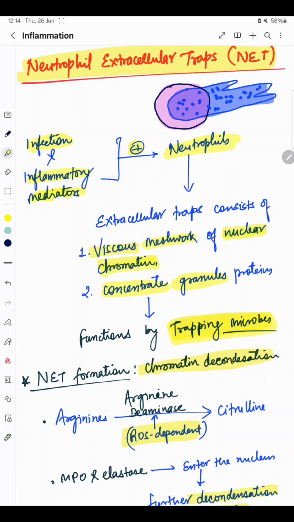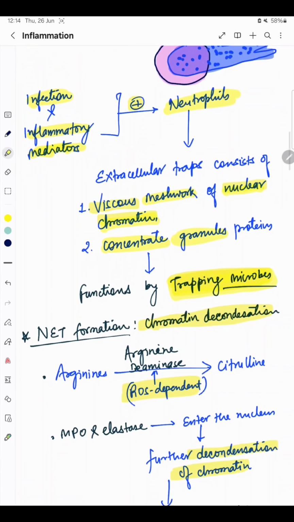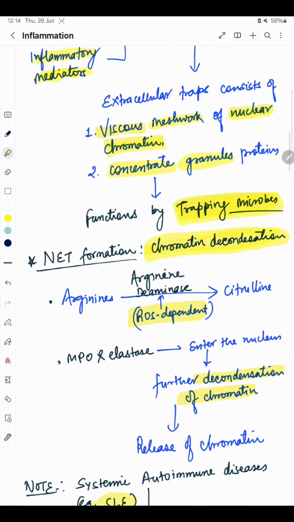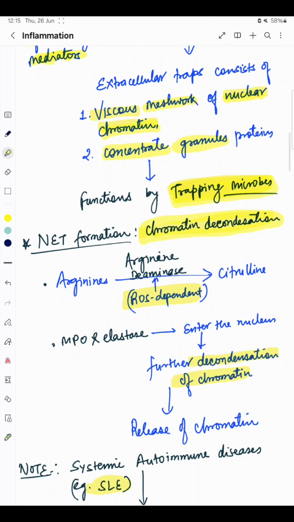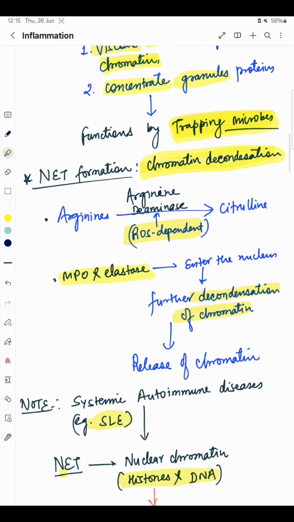microbes and kills them. NET formation is via chromatin decondensation. Arginine deiminase converts arginine into citrulline, and MPO and elastase then enter into the nucleus and cause further decondensation of the chromatin, and this helps in releasing the chromatin outside the cell to trap the microbes.